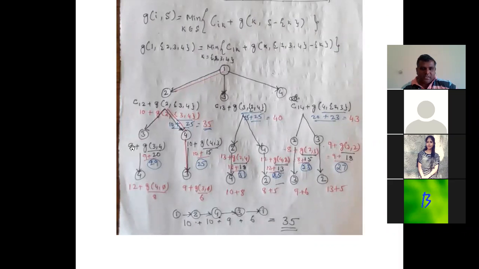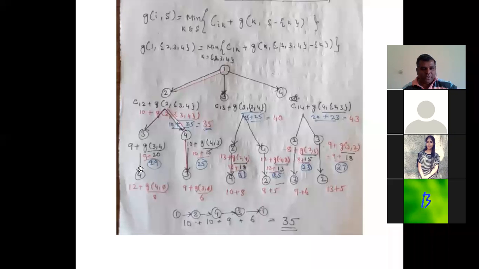So now 2 to 3 is 9, plus G of 3 comma 4. Then 2 to 4 is 10, plus G of 4 comma 3. So now what is G of 3 comma 4? G of 3 comma 4 is the cost from 3 to 4, since only one vertex is there.